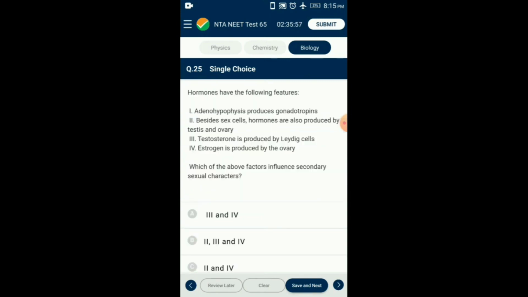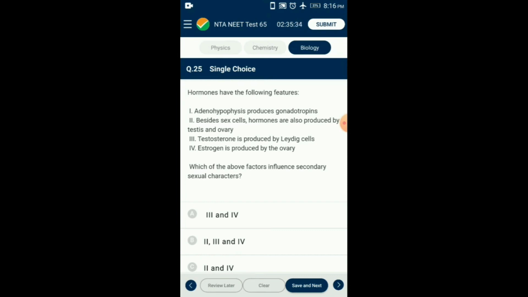Question number 25. Hormones have the following features. Adenohypophysis, or anterior pituitary, produces gonadotropins like luteinizing hormone and follicle-stimulating hormone, which trigger the gonads to produce sex hormones: progesterone, estrogen, and testosterone.